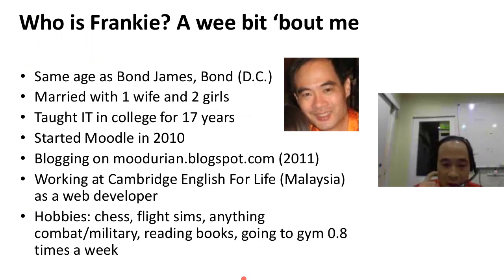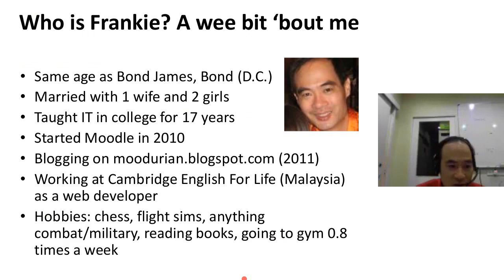Okay, so a little bit of introduction about myself. I'm the same age as Daniel, what's his name? James Bond. So therefore you should be able to know how old I am. Married with one wife and 2 kids. I taught at Stanford College, Malacca for about 17 years teaching IT.